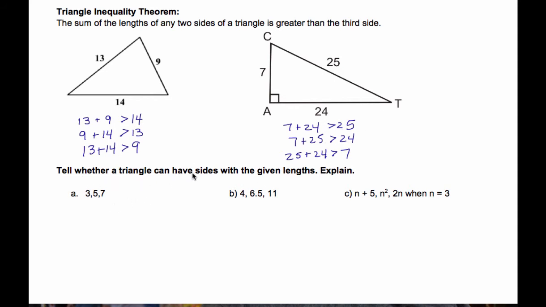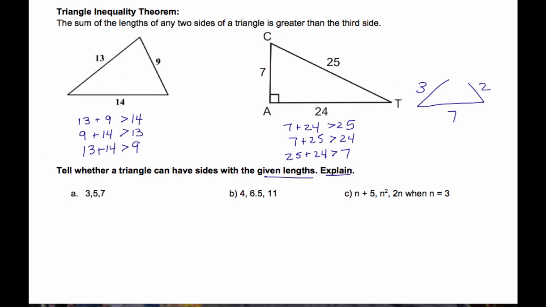Tell whether a triangle can have sides with the given lengths. Explain. What we're doing is testing this theorem. If I've got a triangle that looks like this, and this would be 7, and this would be 3 and 2, those aren't going to meet up.